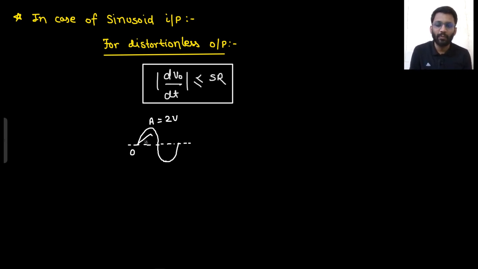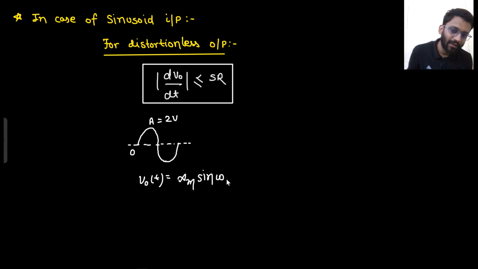So let's just say your output is AM sin omega mt. What will be the maximum magnitude of dV naught by dt? That would be AM omega m, right?